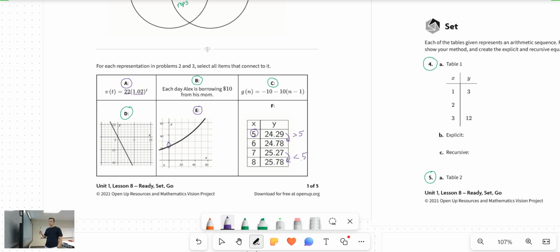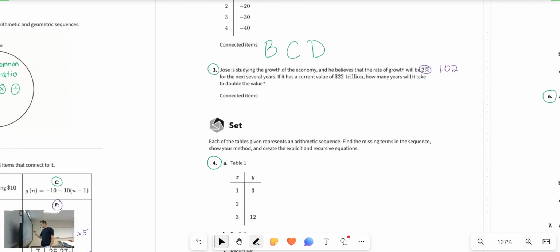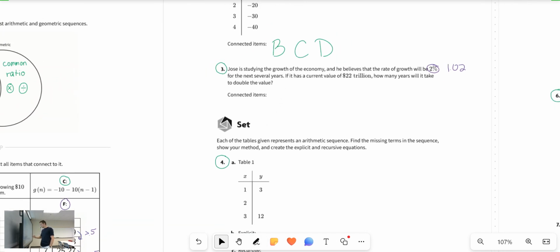So the jumps are not all the same size, which means that this is also going to be geometric. All right, so A, E, and F, that's what we're looking at here.